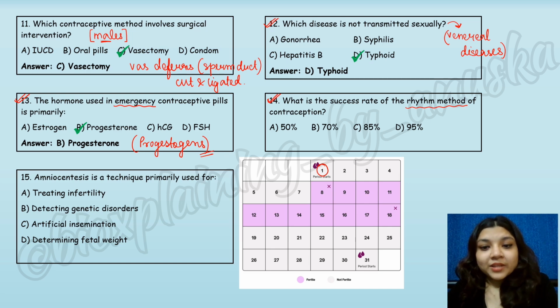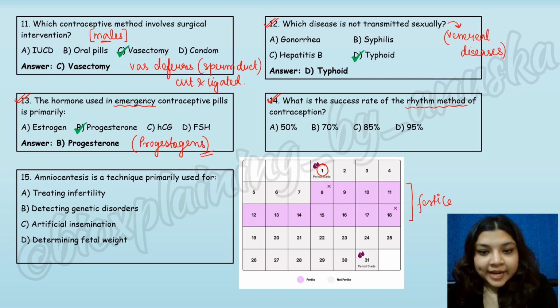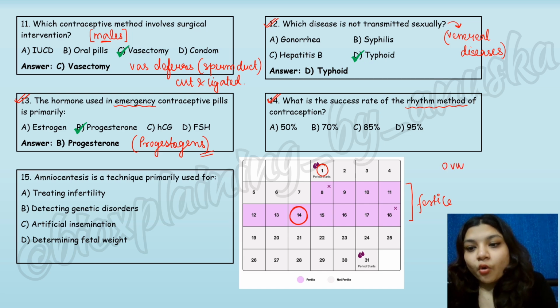Then from approximately the 8th day to the 18th day, the female is considered to be fertile. Why so? Because in the center, approximately at the 14th day, ovulation occurs usually on the 14th day of the cycle, right?